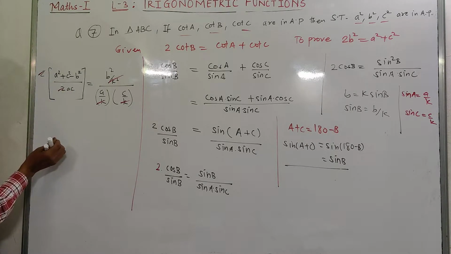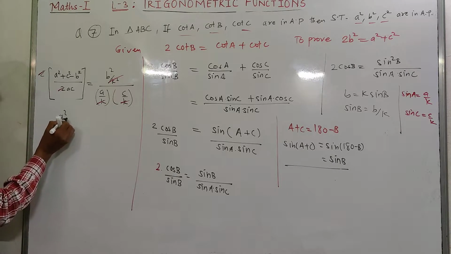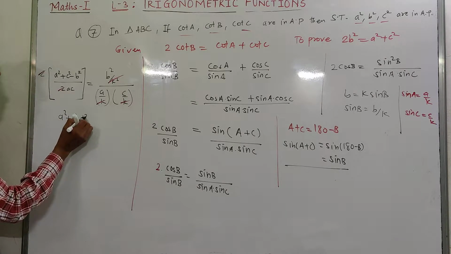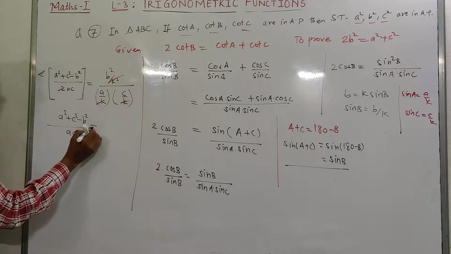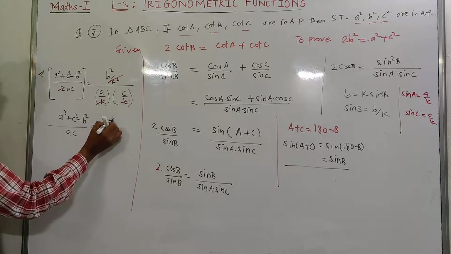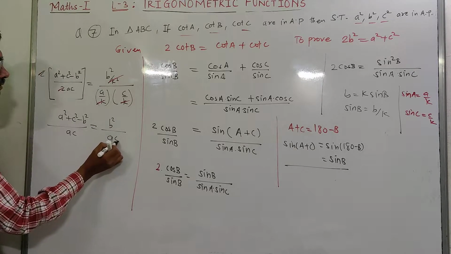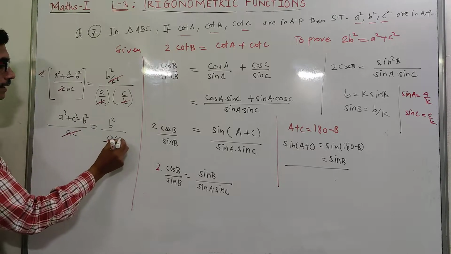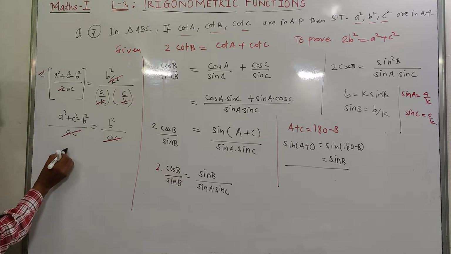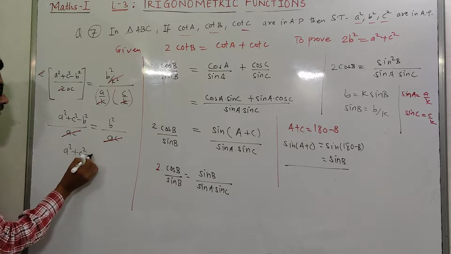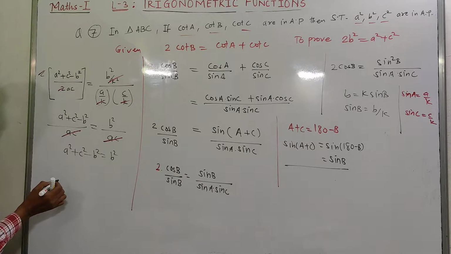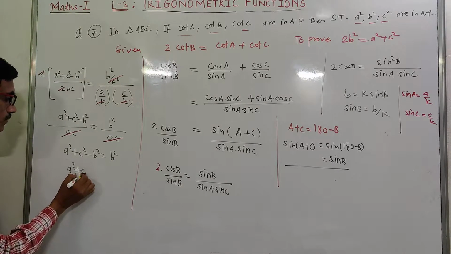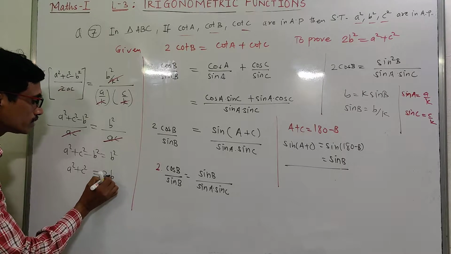What is then? Left hand side is A square plus C square minus B square, denominator is AC, right hand side B square upon AC. Again this AC is getting cancelled, so what are we getting? A square plus C square minus B square is equal to B square. So A square plus C square is equal to 2B square.